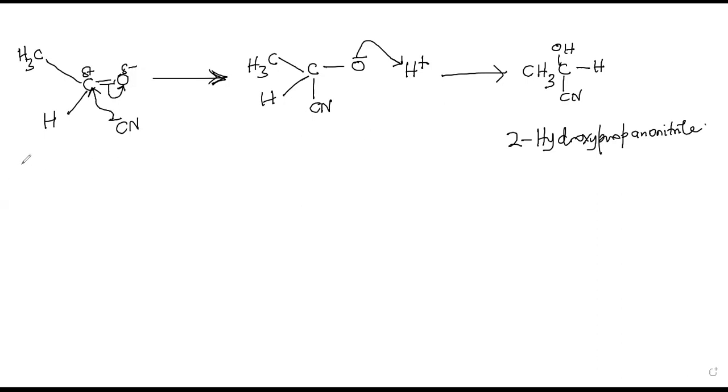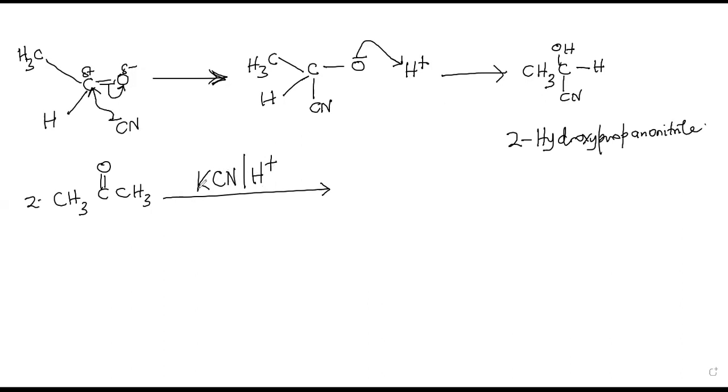Then what about if we have a ketone? If we have a ketone, for example CH3, C double bond, then CH3, reacting with potassium cyanide in an acid, meaning sulfuric acid, which is used to prepare the hydrogen cyanide.